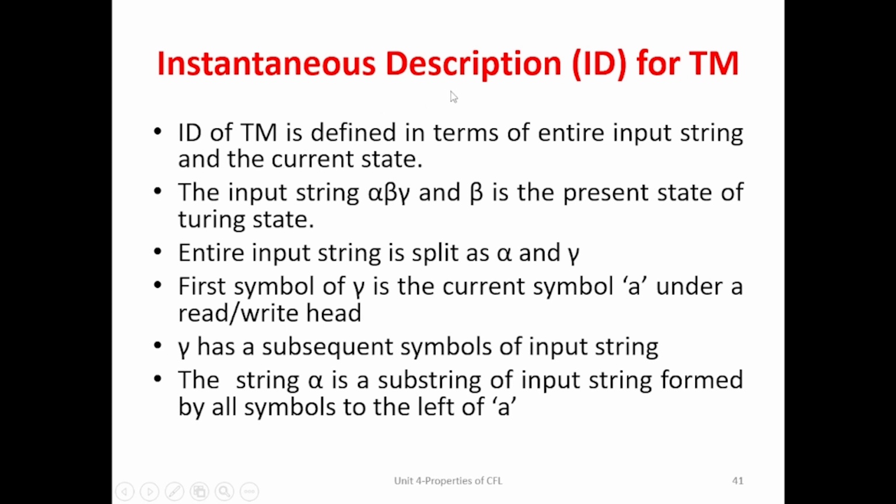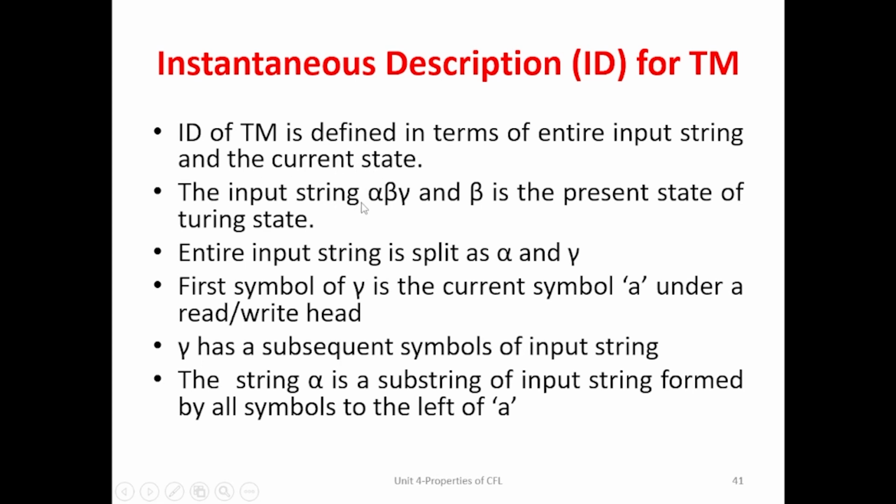And instantaneous description means we are able to read every symbol of an input string with the current input state, and if the input string is correct, the Turing machine will automatically go to the final state. So that is the definition of instantaneous description. So the idea of the Turing machine is defined in terms of reading the entire input string with the current state.